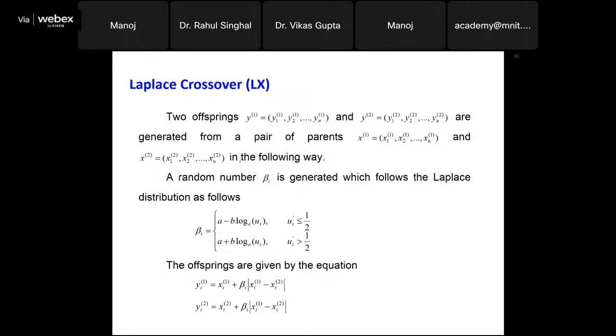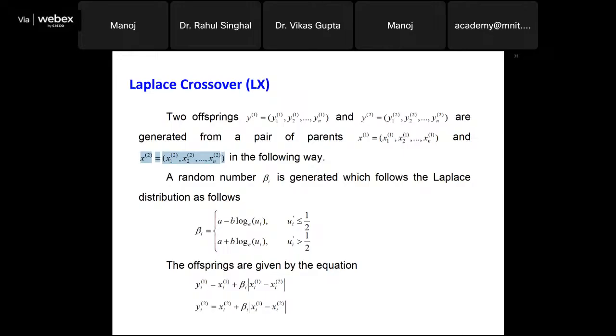Now, how do we define the offspring? Suppose we are given two solutions, x1 and x2, right? Using these x1 and x2 and this Laplace distribution, we can define the generation of offspring, which is called Laplace crossover.